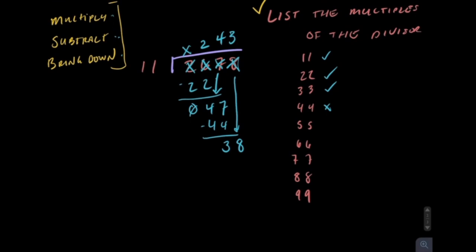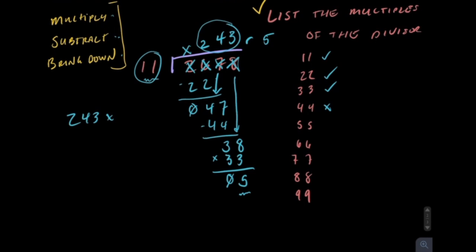So I put the third multiple here, and 3 times 11 is 33, and 8 take away 3 is 5, and 3 take away 3 is nothing. What I'm left with is smaller than my divisor here, so it's a remainder of 5 up top.